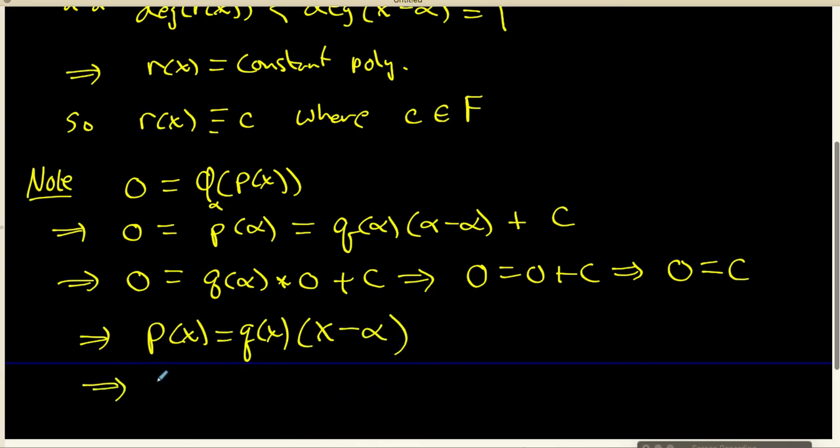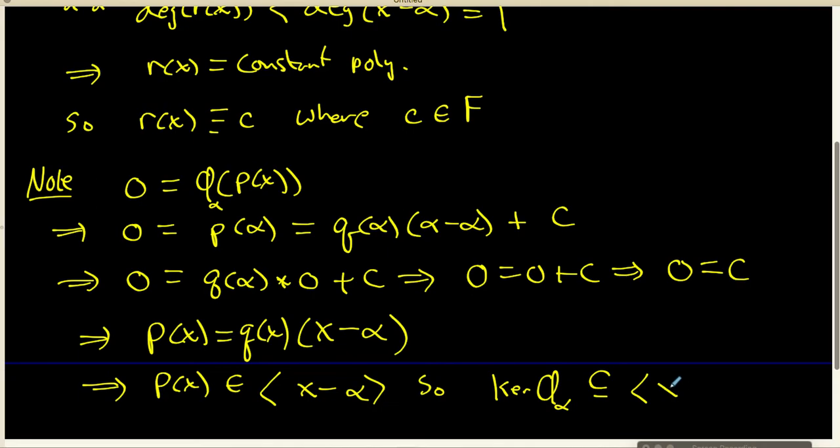And that says p of x is indeed inside the principal ideal generated by x minus alpha. So we do have the kernel of phi sub alpha is a subset of the principal ideal generated by x minus alpha. Now we need to look at the inclusion going the other way.